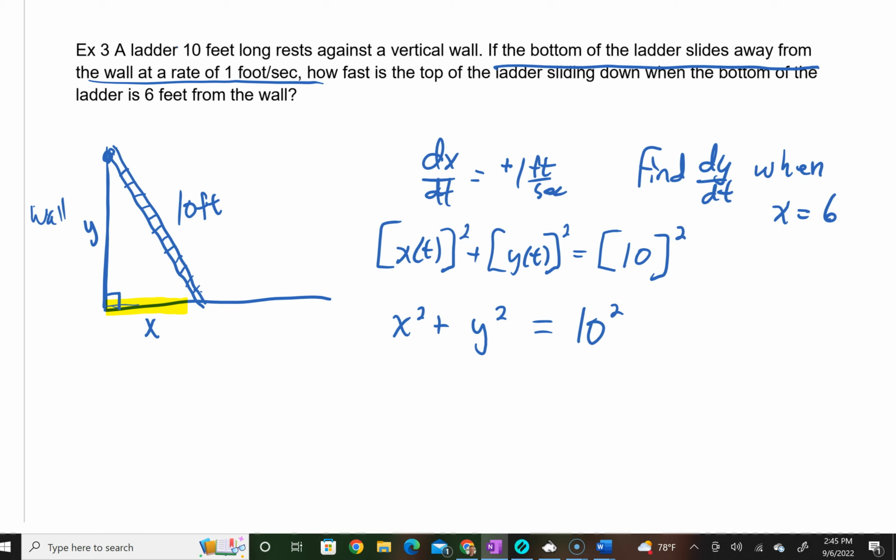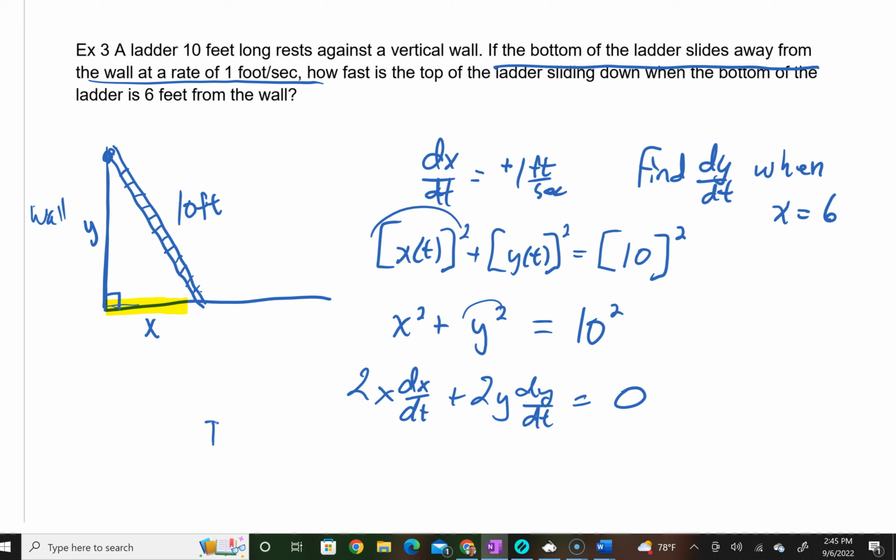So let's take our derivative real quickly. Chain rule. This is going to be 2x dx/dt. Bring down a 2 here. We'll have a 2y dy/dt. And 10 squared is 100, but what's the derivative of 100, of any constant? You're going to get 0.